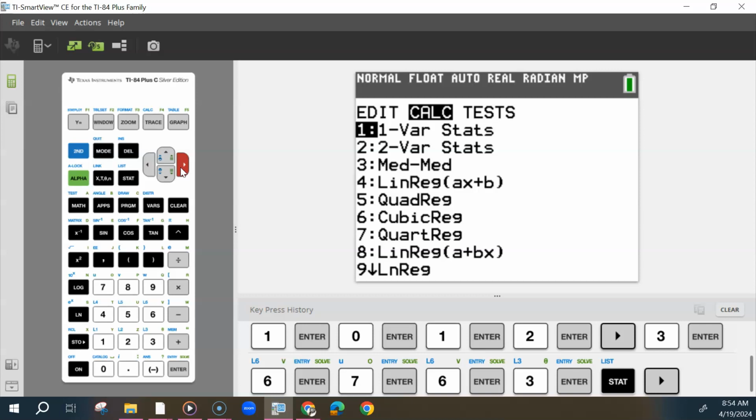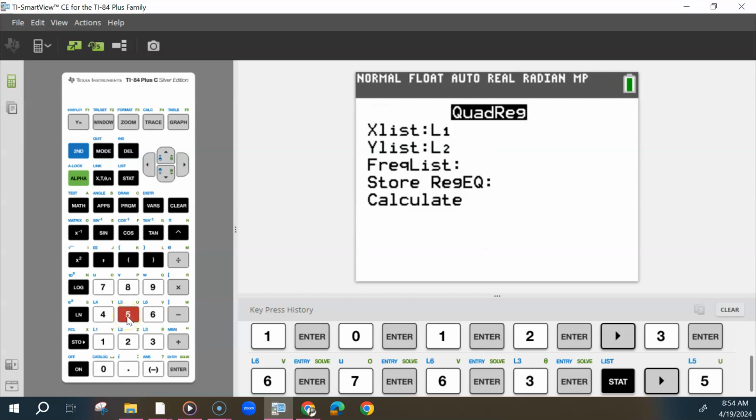And then instead of number 4, we're going to go into quadratic regression, number 5. This screen looks the same. So stat, scroll over to calculate, number 5, step 2 on your notes. And then we want to find y values when x values are certain things.